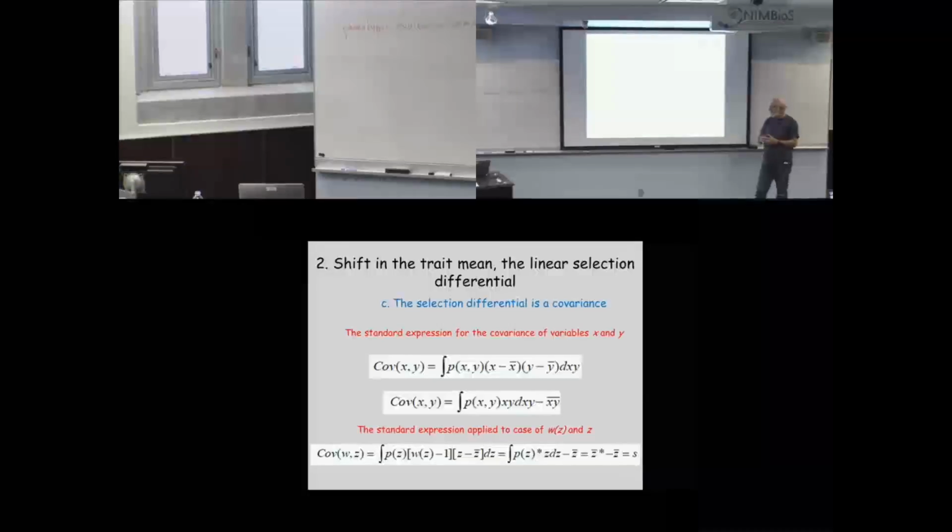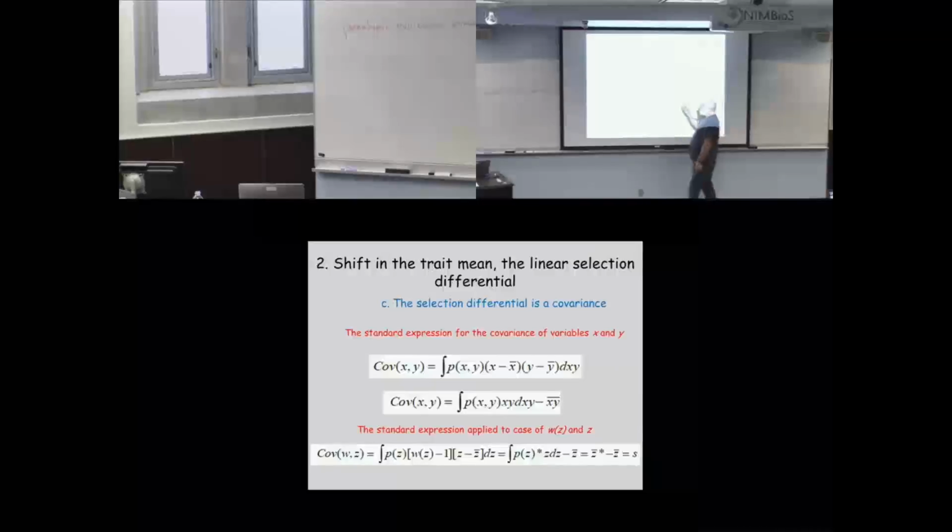And this is a little bit of algebra to show that's true. I'm not going to go through it step by step. I'm going to skip a few steps, so I just want to give a flavor of what you do here. This result is due to Alan Robertson, in a paper in 1966. And it turns out to be a central result in some of the statistical equivalencies that we'll make later.